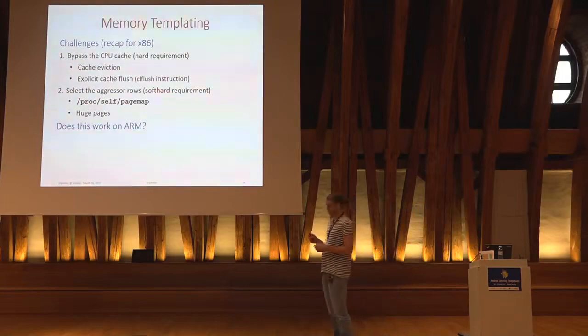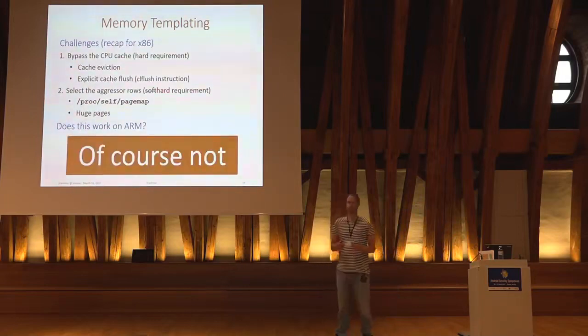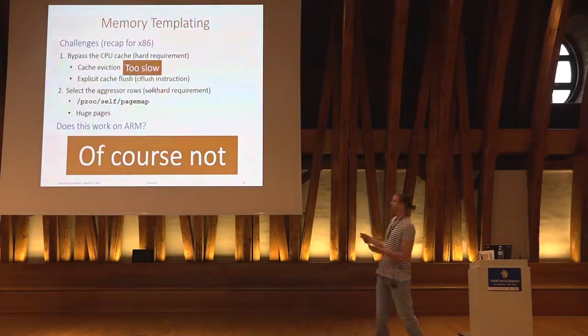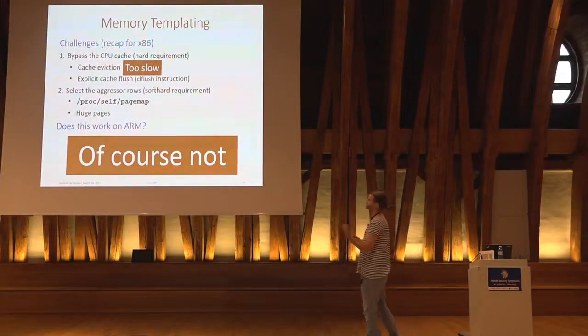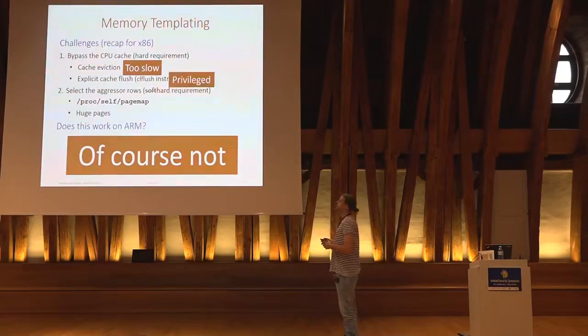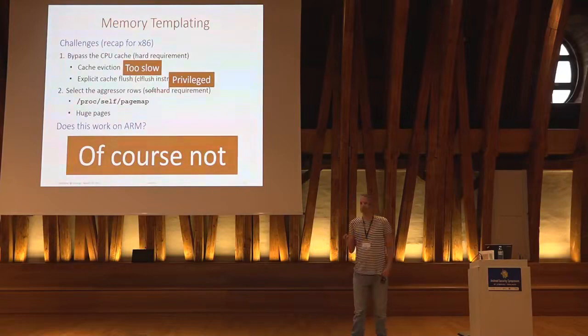So we looked into it, and does it work? Well, of course not. The cache eviction, for example, was too slow. I implemented this on ARM and it didn't work out well enough. The cache flush instruction on 32-bit ARM, at least, is privileged, so you cannot flush memory from the cache from user space.